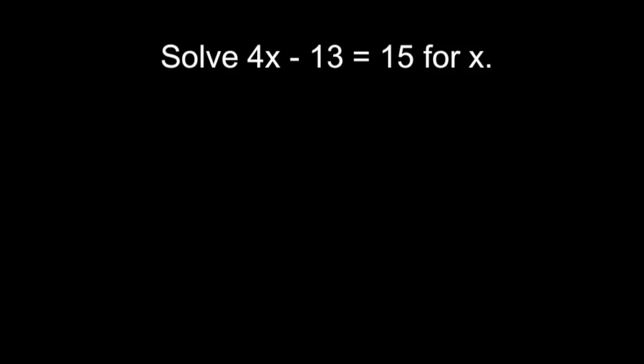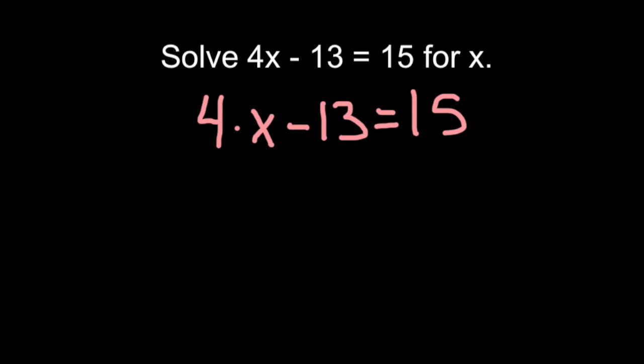Alright, so this is a two-step problem because we've got 4 times x and we have to take away 13 and that'll equal 15. So there are 2 operations here. Now normally with the order of operations, parentheses would go first, exponents second, multiplying and dividing third, adding and subtracting last.